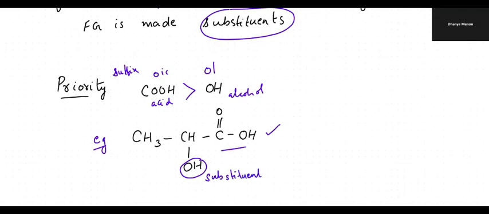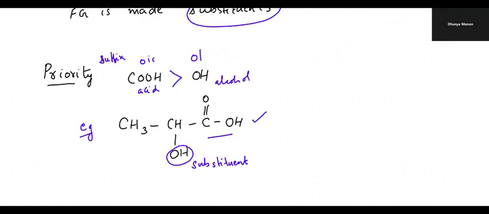And if alcohol has become the substituent, we cannot use the suffix, because suffix is used for the primary functional group, and also suffix is used at the end of the name. So for the substituent, we have to use the prefix. And the prefix for alcohol is hydroxy.